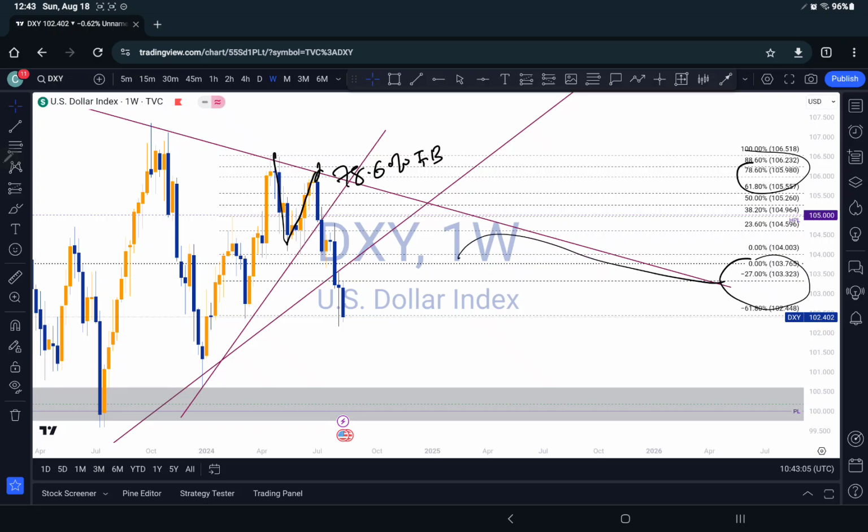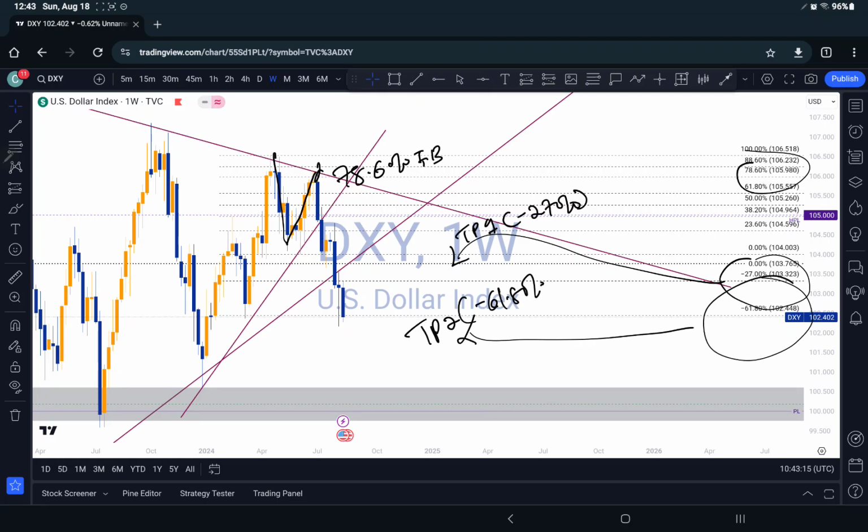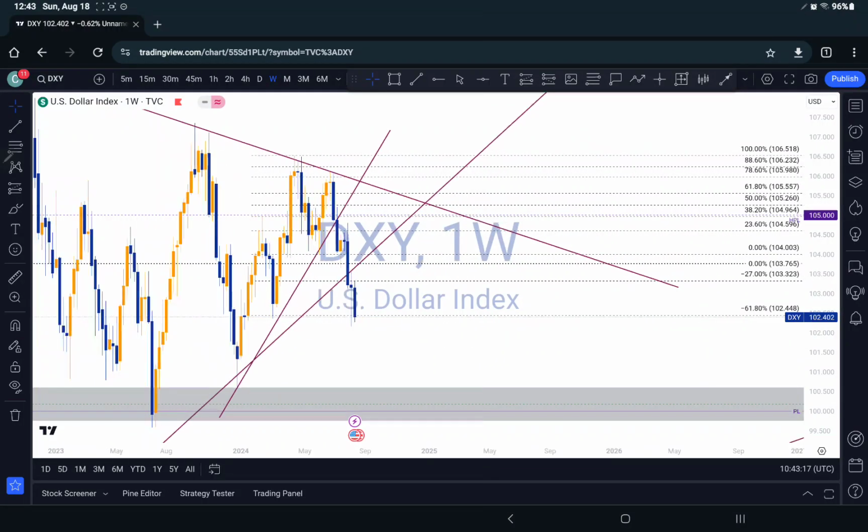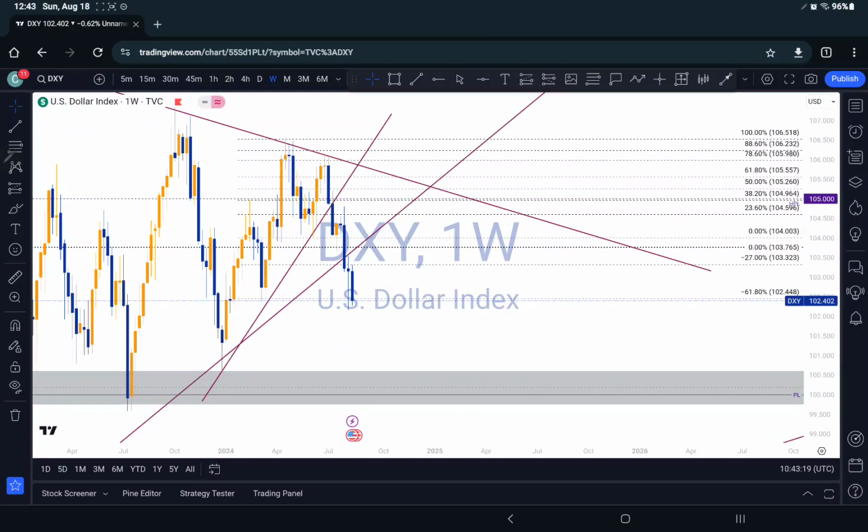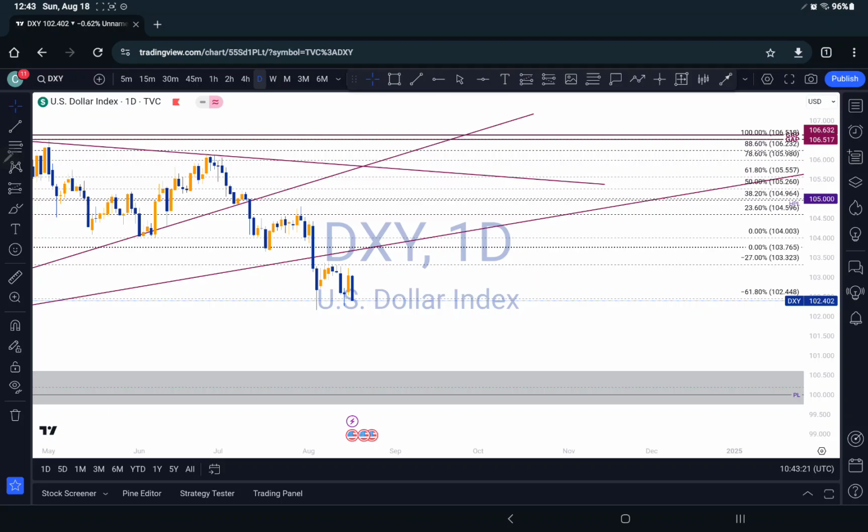It hit our first TP area, which, you know, TP1 is mostly negative 27%, and it's currently around my second TP area, which is the negative 61.8% fib level, around that area right there. So let me go to my daily time frame and see.